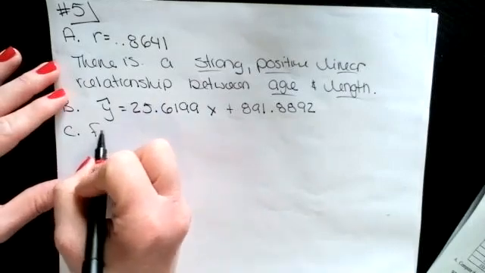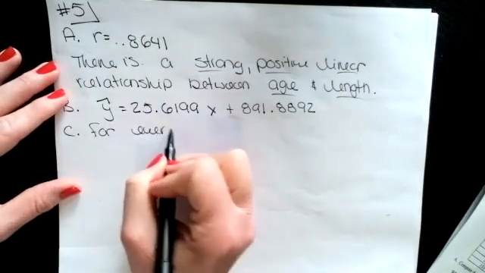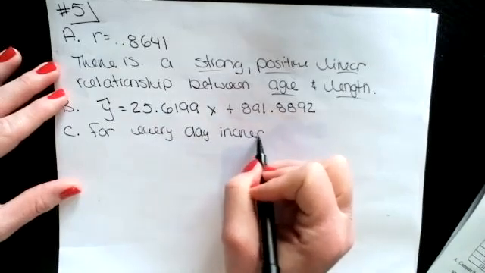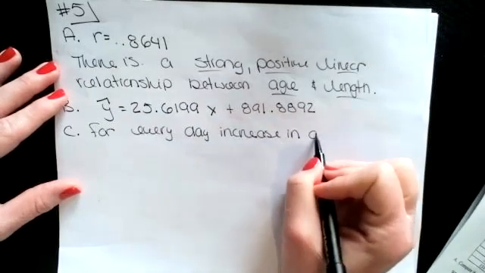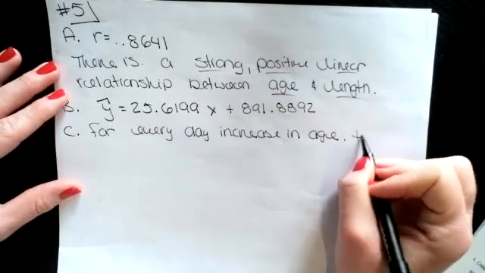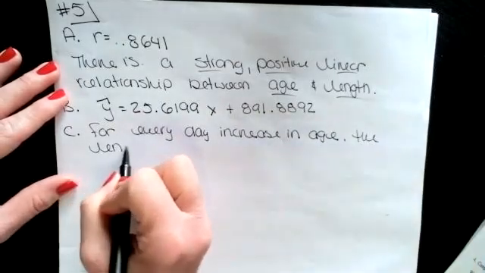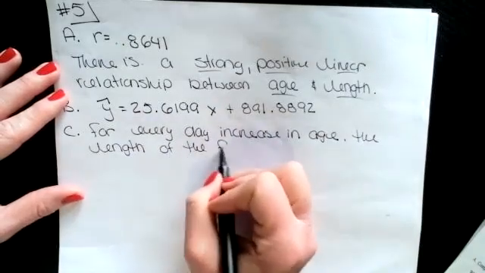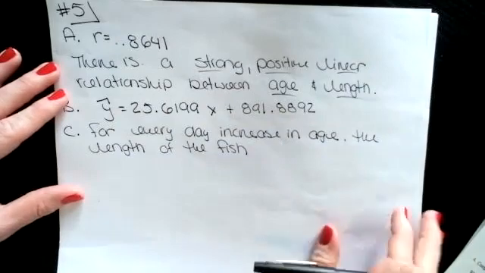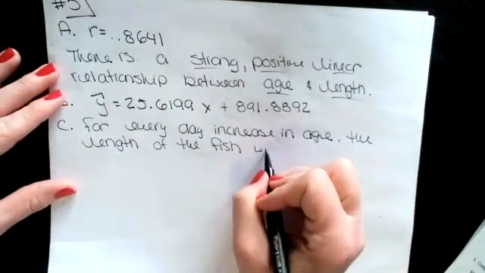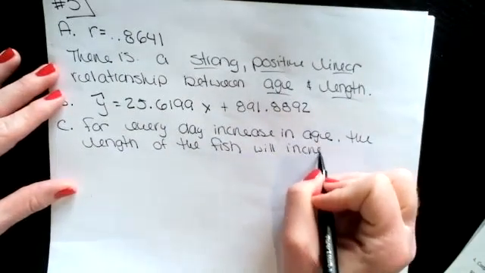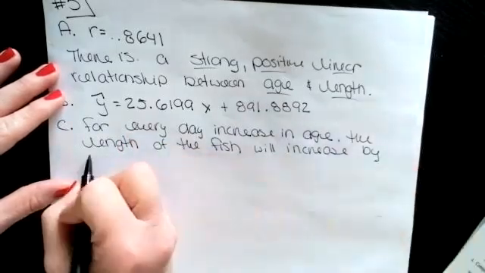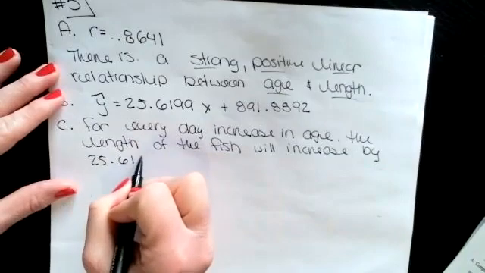Okay, so I'm going to say, for every day increase in age, the length of the fish, because I want to be complete in context here, will increase because it's positive by 25.6199.